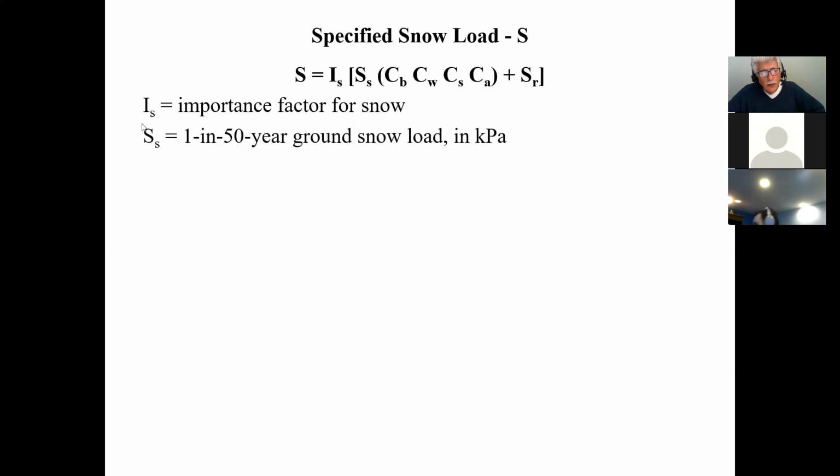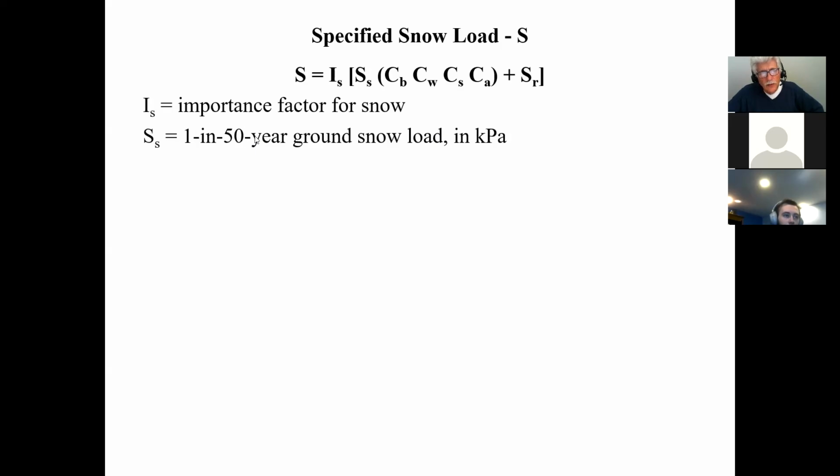So the specified snow load is equal to the importance factor times the ground snow load factor times these factors here times the associated rain, okay? Now, the importance factor for snow. We talked about importance factors last week when we were talking about buildings, but now we'll just talk about the snow, okay? And then of course, this is the 1 in 50 year ground snow load.